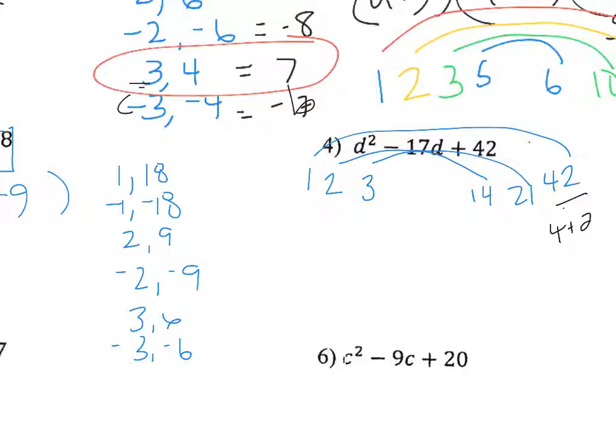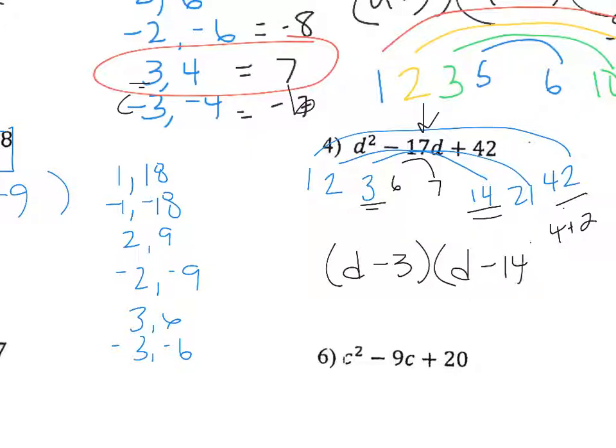So 3 and 14. 4, no. 5, no. 6, yes. So the answers have to be 3 and 14, but I need to have a negative 3 and a negative 14. So I do d minus 3, d minus 14. So whenever you get stuck, make the rainbow.